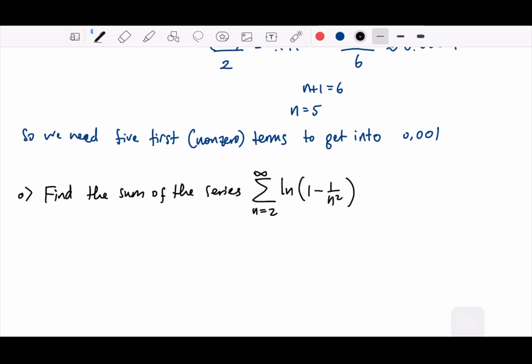So maybe try n equal to 2, ln 1 minus 1/4, okay, and it becomes 3/4. And if you take 3, it becomes 9. So it will be 1 minus 1/9, which is 8/9. So 3/4, 8/9, plus other numbers as well.